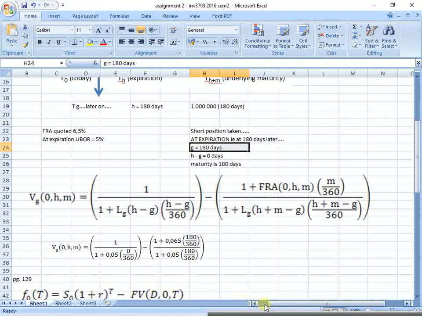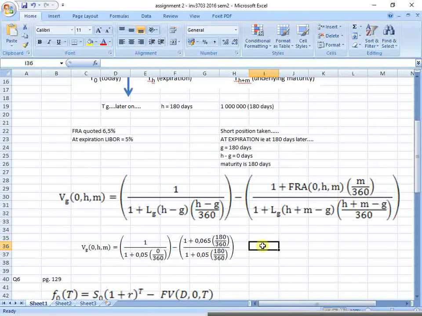Alright, and then on the calculator, let's type all of this in. H was 180. Equals bracket, minus bracket.